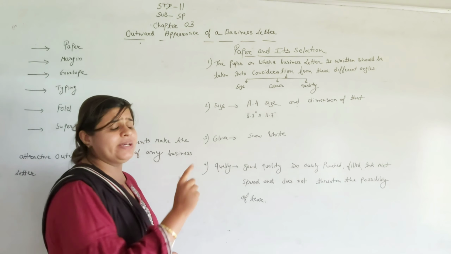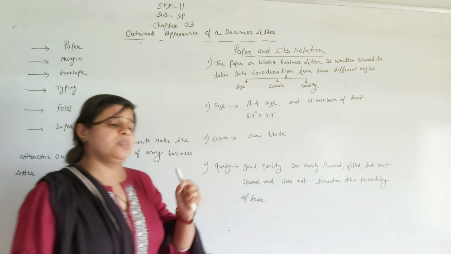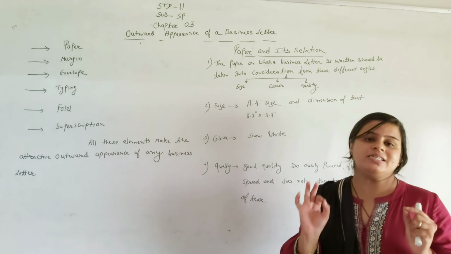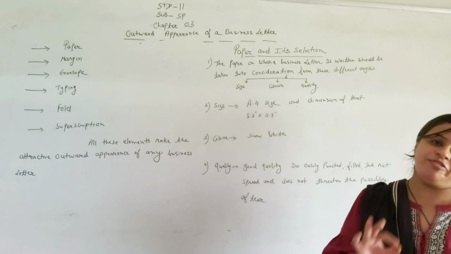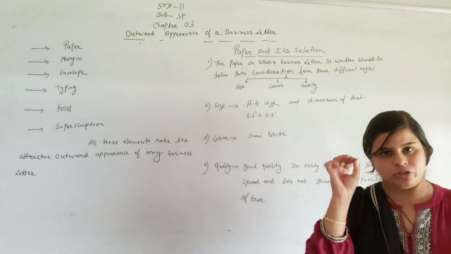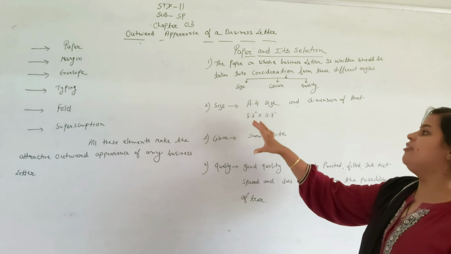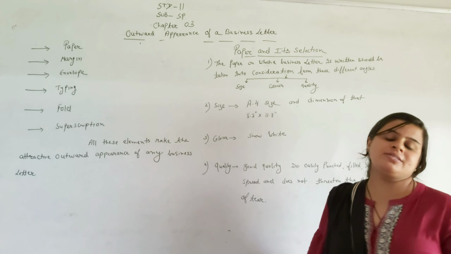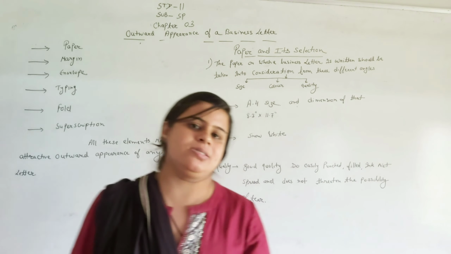Size, color, quality. Size: the standard size is A4, which is easily available at every stationery and printout shop. So it is the more preferable size for writing any business letter.